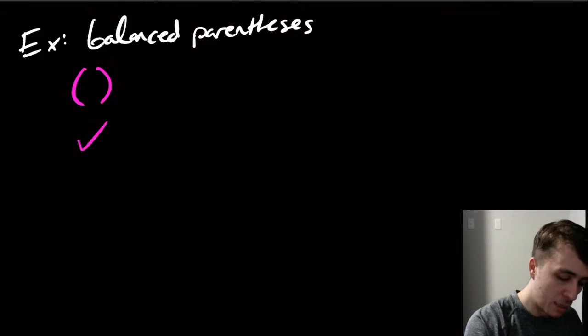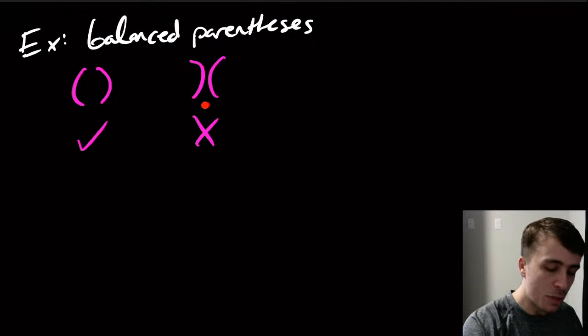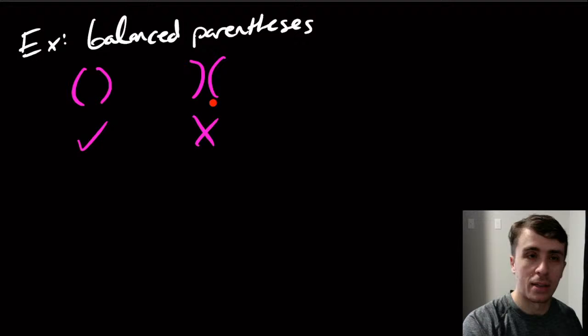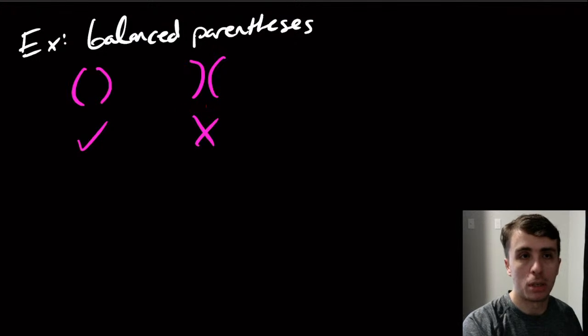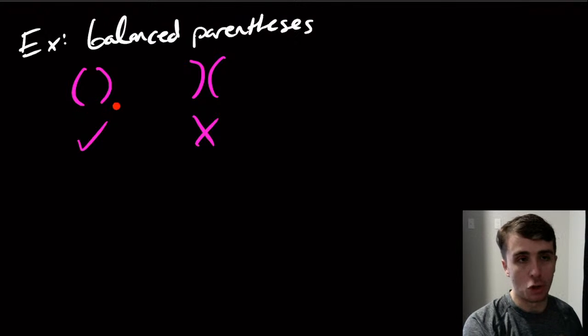So this one's okay. If we have it the other way around, then this one is not balanced. So even though there's a right one and then a left one, and they correspond to each other, they're in the wrong order. So the left one has to be first before the corresponding right one.